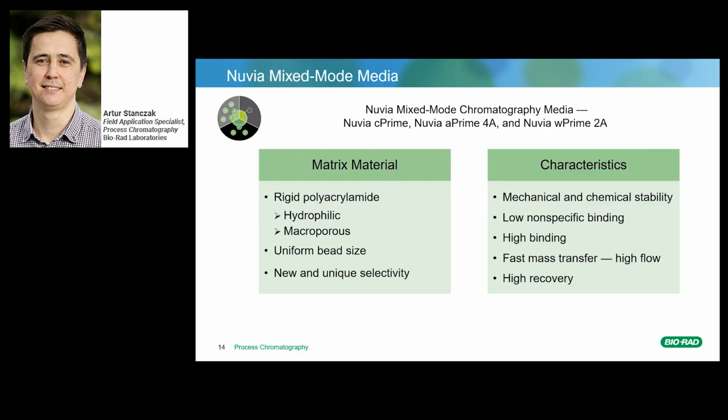Successful purification doesn't depend solely on the ligand. It also requires the right bead chemistry and structure. It's important to note that all Nuvia resins share the same polymeric backbone, which is made of rigid polyacrylamide. This provides mechanical and chemical stability, allowing the resin to withstand concentrated acid, caustic, and denaturing agents.